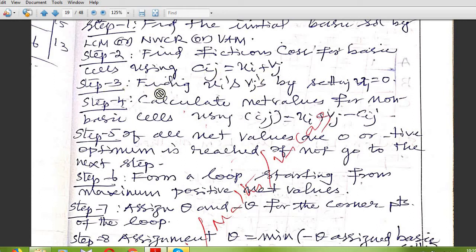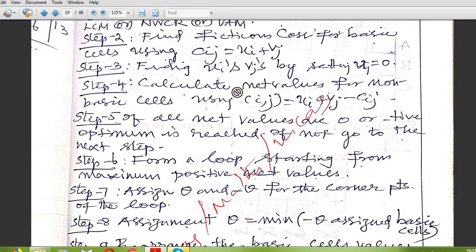Now step number 4: calculate net values for non-basic cells. After finding the fixed cost for basic cells, our aim is to find the net values for the non-basic cells. Non-basic cells are cells where the number of transported items, Xij, is not assigned.